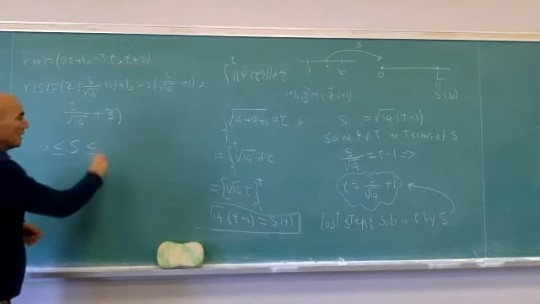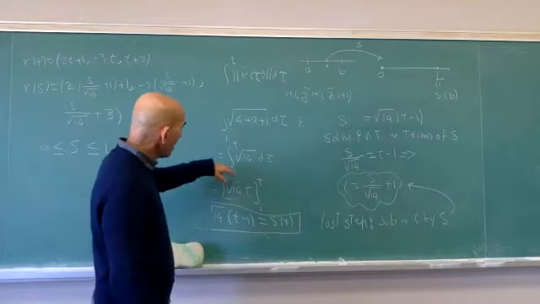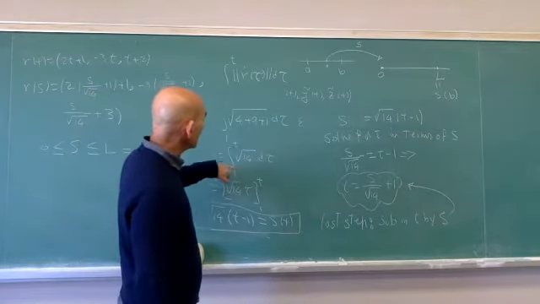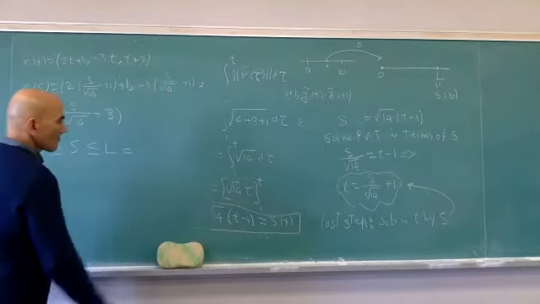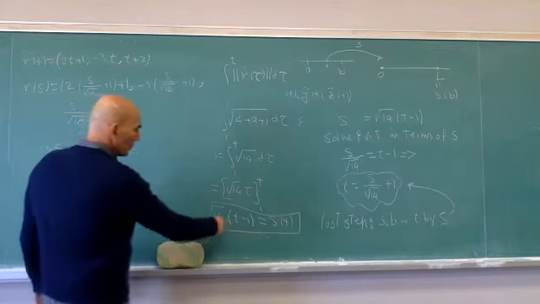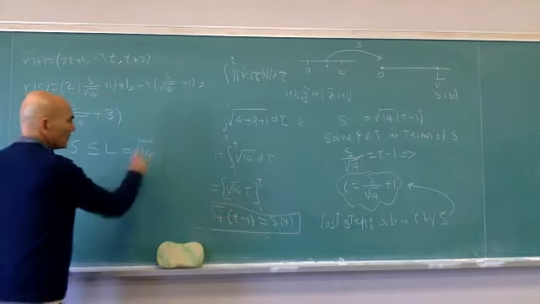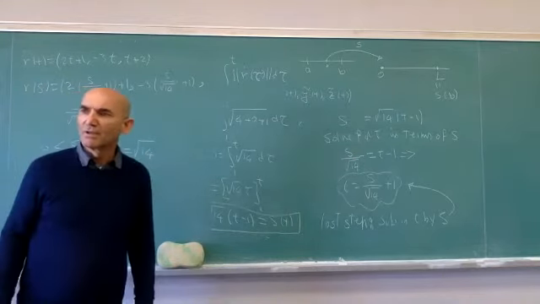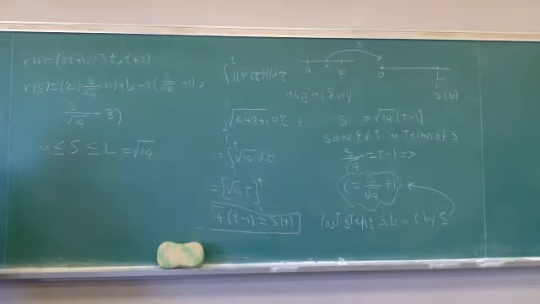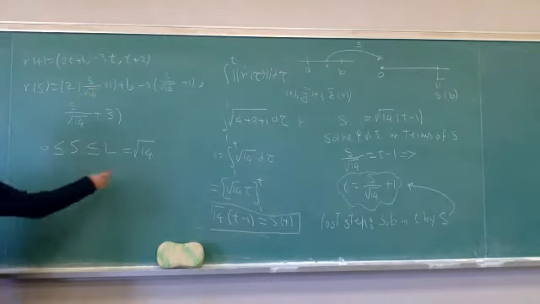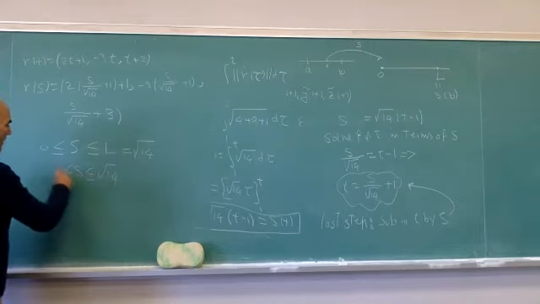So this would be L. The parameterization was between 1 and 2, right? So if I put 2, it would be root 14. So s is between 0 and root 14.